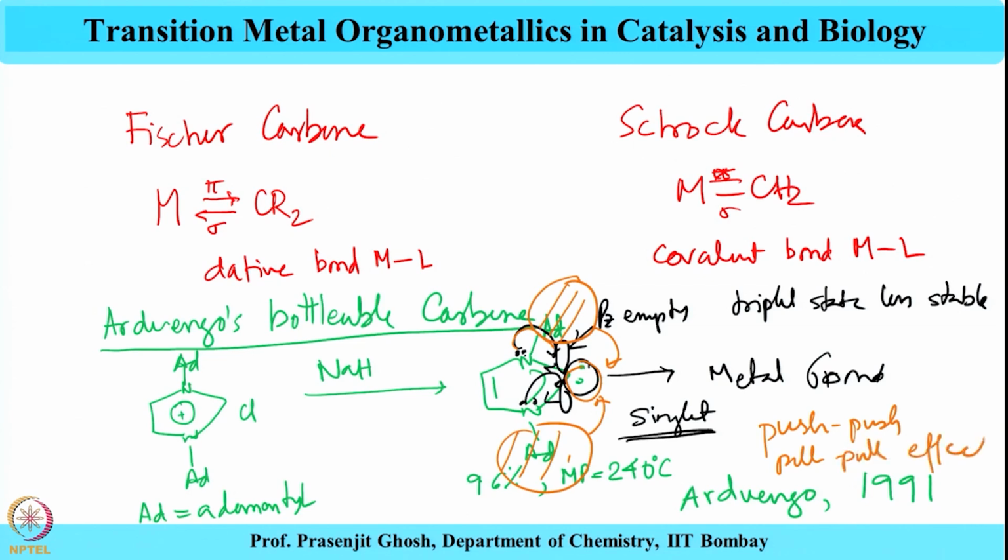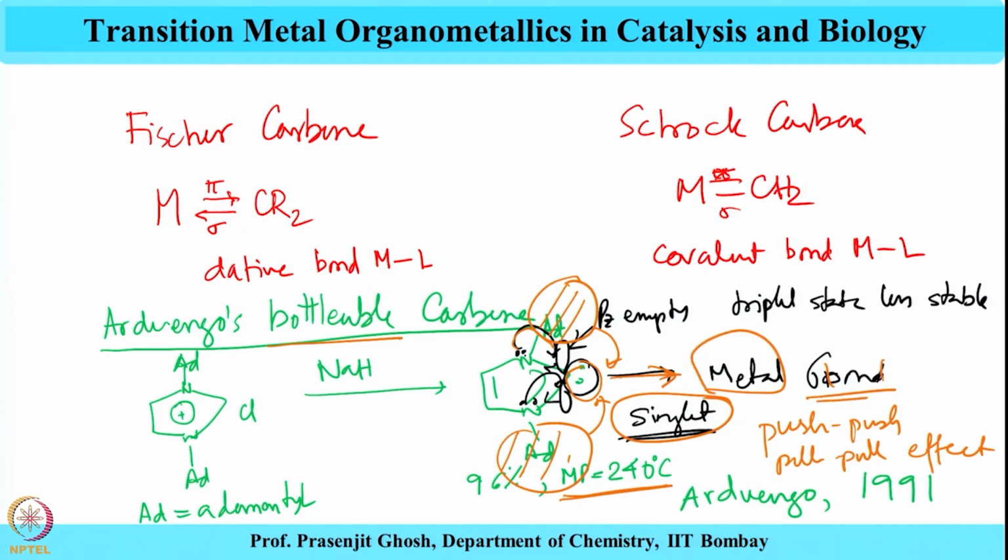This effect led to the stabilization of the singlet carbene, to the extent that this singlet carbene is so stable that it has a very high melting point of about 240 degree centigrade. It can be bottled, you can even buy this singlet carbene and then use it for complexation with the metal, and they are extremely good binders to metals, and they form sigma bonds with metal.